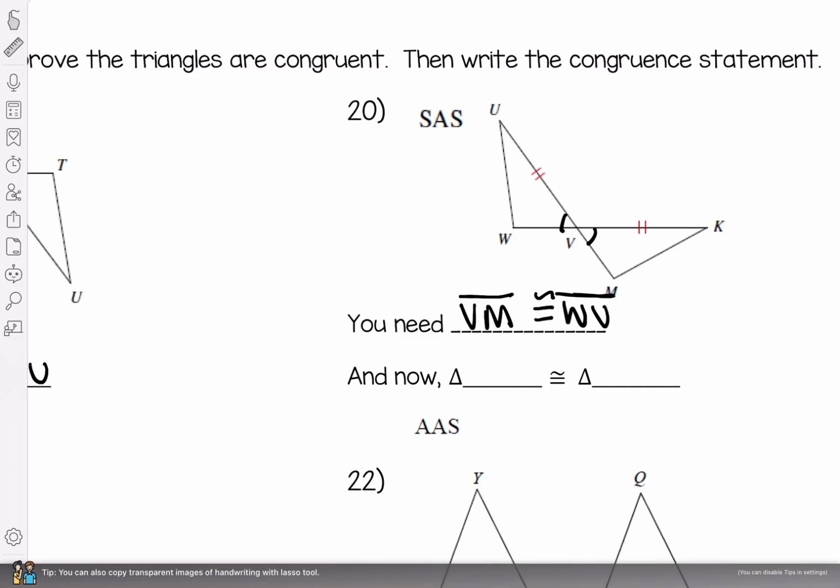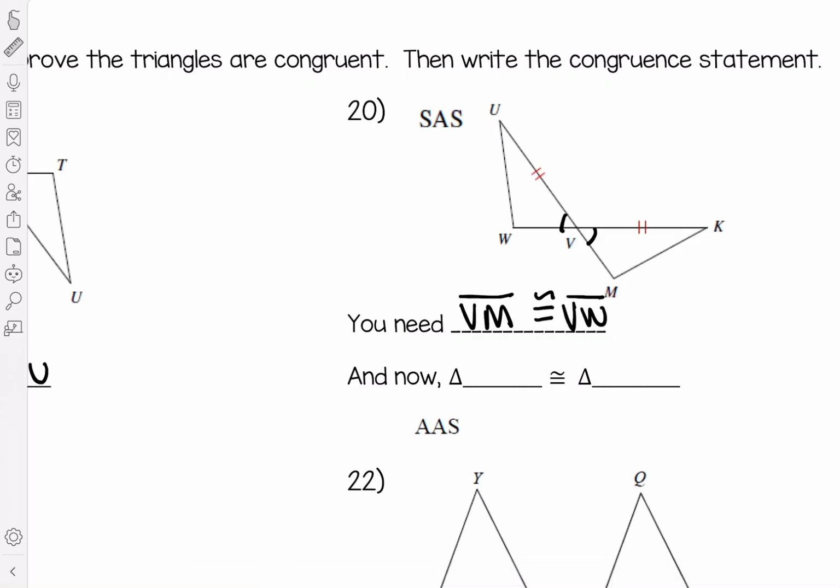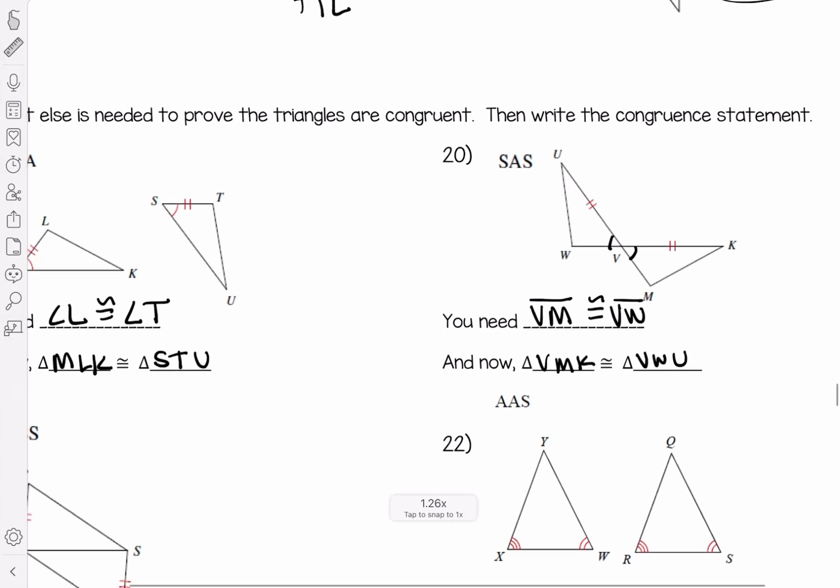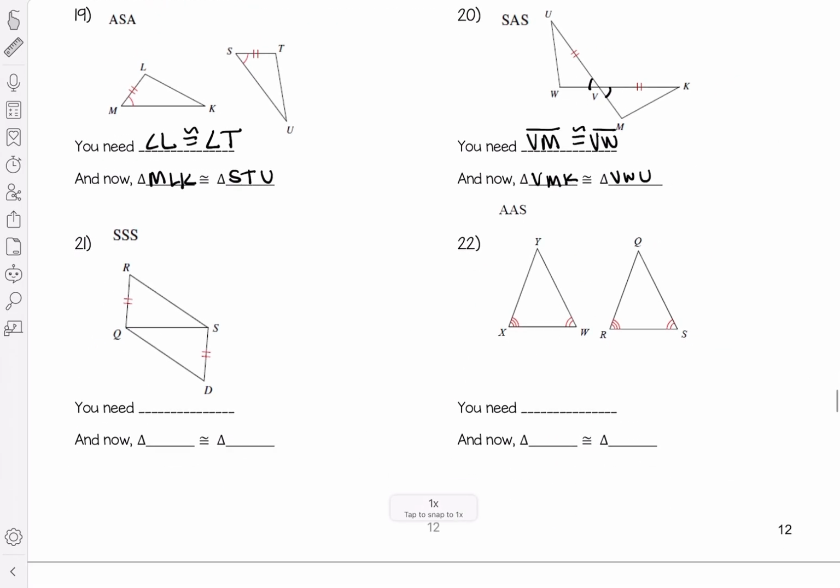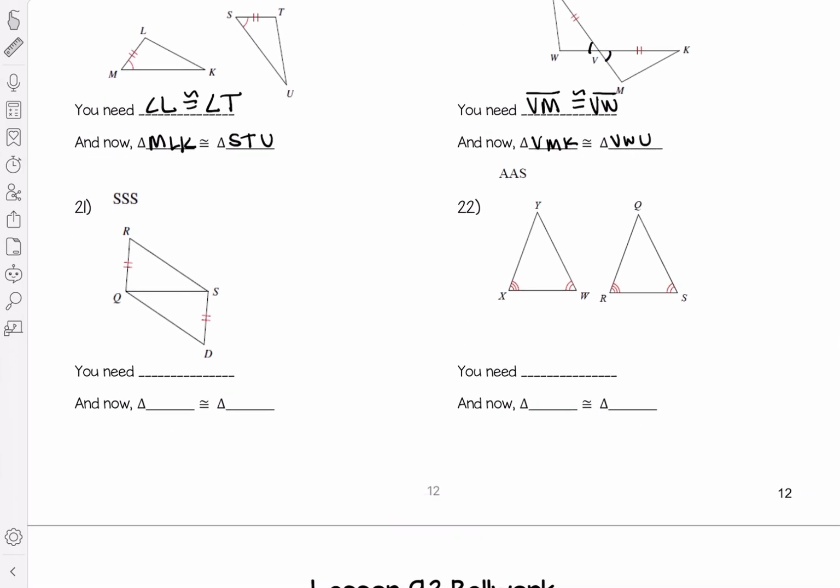I just wrote that backwards. Sorry. It should have been VW, like that. Now, if that is true, that means that the triangle VMK would be congruent to VWU. Okay? So I want you to try 21 and 22 on your own for just a minute and see if you can get that figured out.